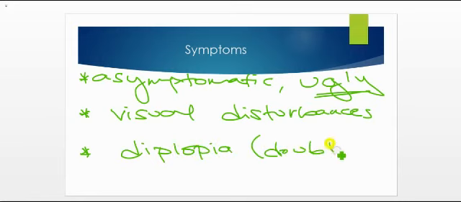Now why this double vision results is very simple. As there is deposition happening, it starts affecting your ocular movement. So this limited ocular movement gives you the diplopia. Okay, clear?